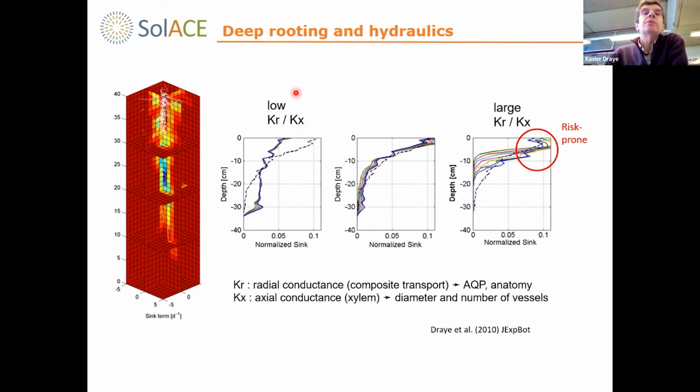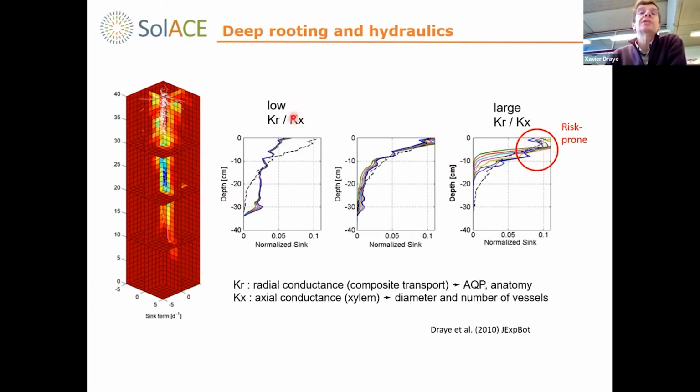If we change the ratio of the radial to the axial conductivity from a low value to a large value, we observe, again, it's a simulation, so it's not a true observation, that the distribution of water uptake would be rather uniform across the root depth in one case, and dramatically concentrated in the topsoil in the other.